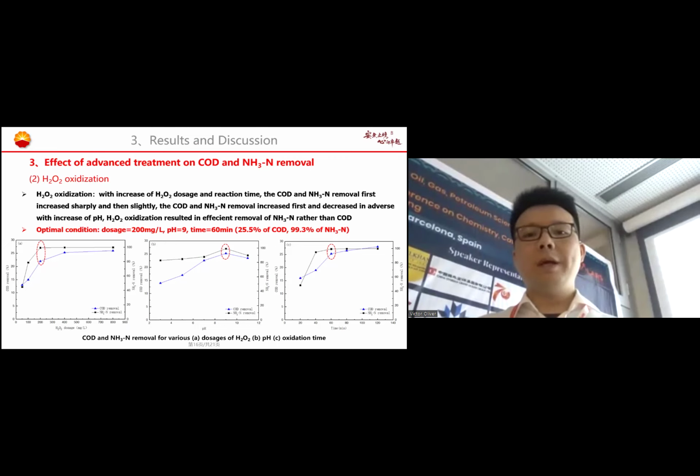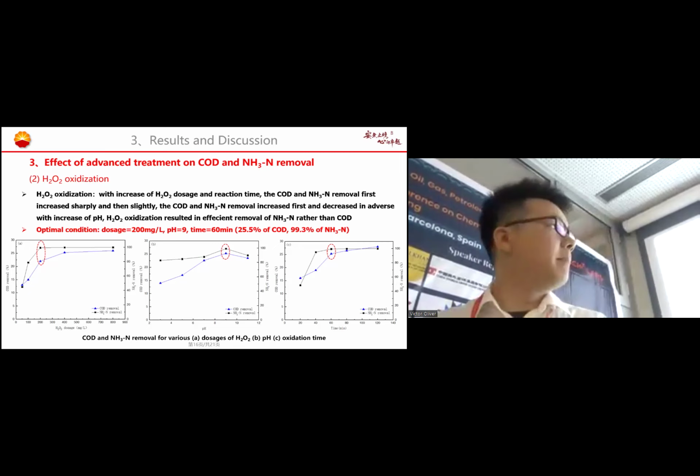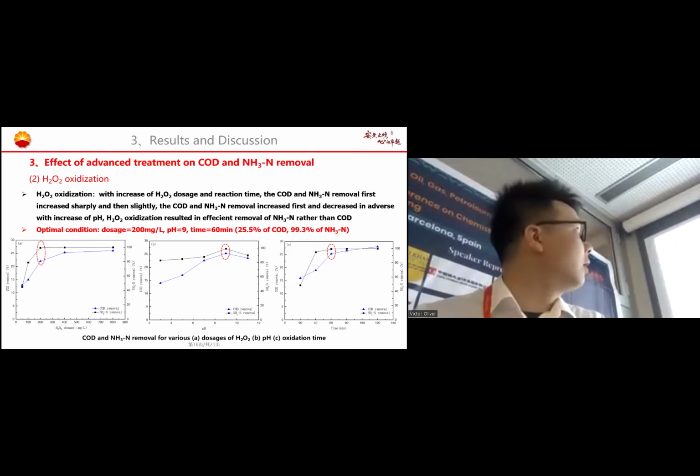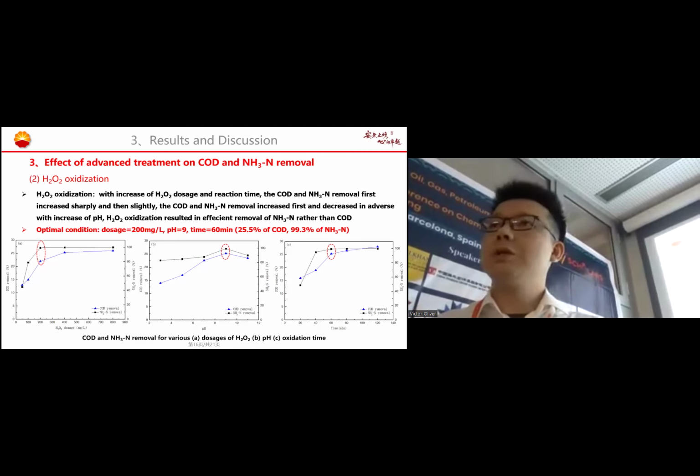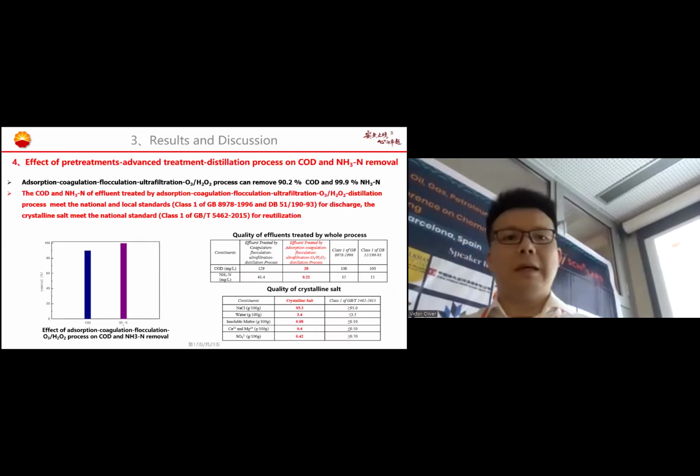So we should combine these two technologies to effectively remove COD and ammonium nitrogen in order to discharge the produced water. By the way, the mechanism of the oxidation and precipitation is shown in my paper provided to the conference organization.